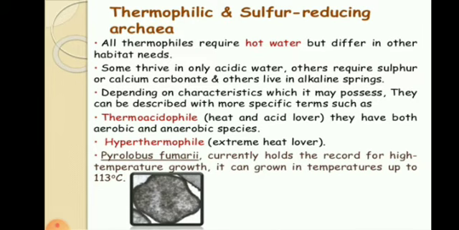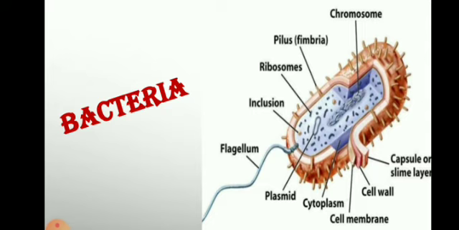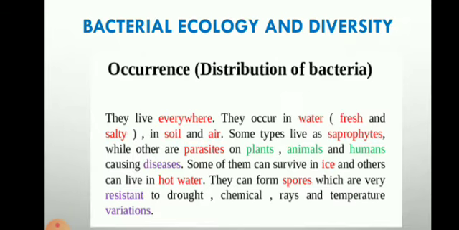They are thermoacidophiles, heat and acid lovers, and hyperthermophiles, extreme heat lovers. So that was the first domain, in which there are different categories of archaea: methanogens, halophiles, and thermoacidophiles. Now we will talk about bacteria.